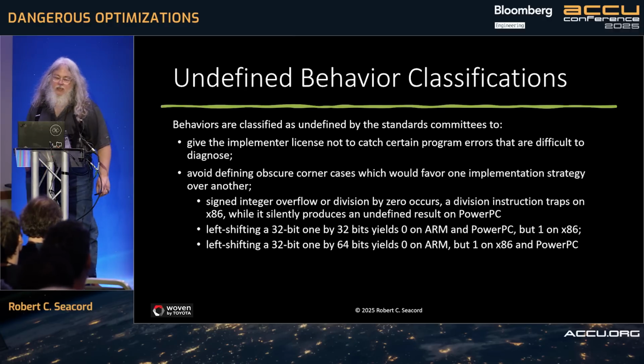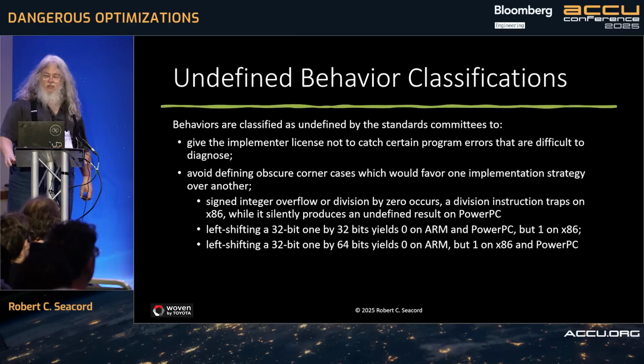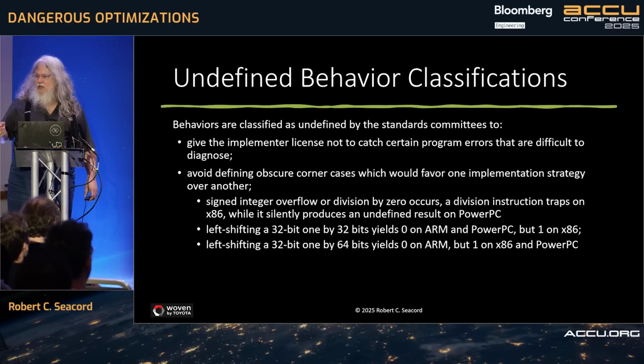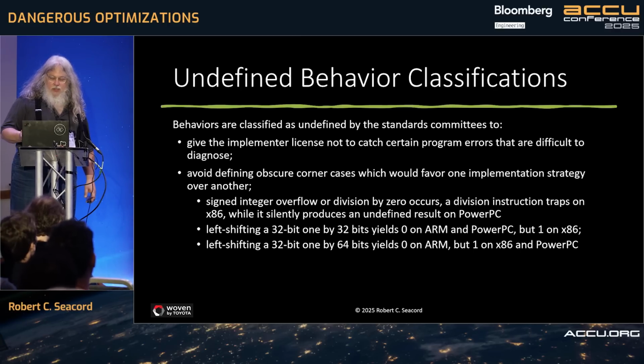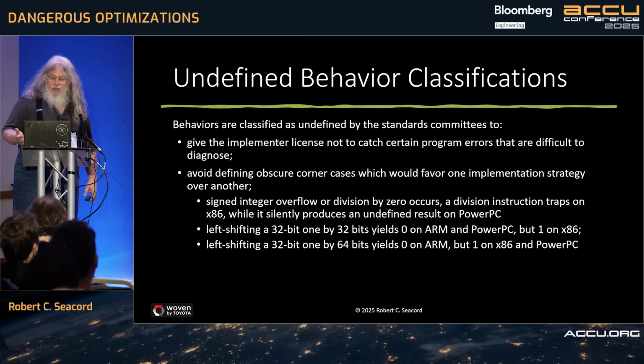So the second is to define obscure corner cases that would favor one implementation strategy over another, right? Certain hardware has certain characteristics, and those characteristics are not always the same. So an example is signed integer overflow or division. A division instruction on an x86 Intel chip will always trap, while on a PowerPC it will silently produce an undefined result.